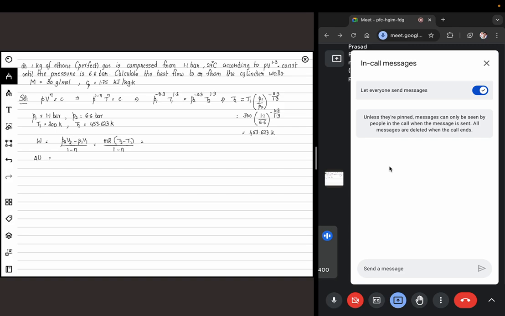Now we have the value of mass as 1 kilogram. And how do I calculate the value of R? There is 8.314, and the molecular weight is given as 30. This is the value of R, times T2 minus T1.